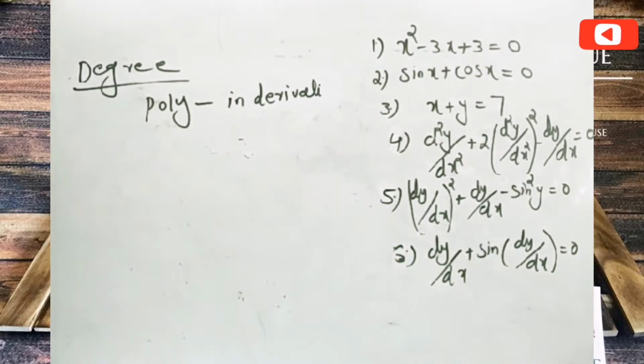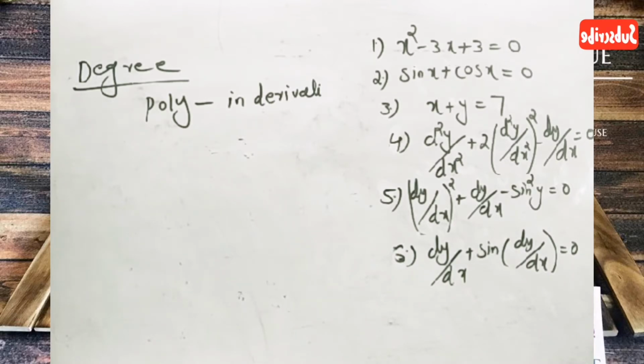Degree of a particular differential equation. Now just look at the fourth one. The fourth one is a differential equation, no problem. We are going to discuss the degree. First we should ensure whether the given differential equation is a polynomial equation in derivatives or not. If it is, then we can define the degree.